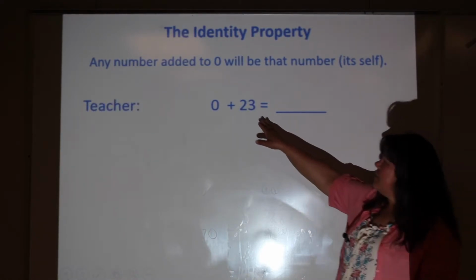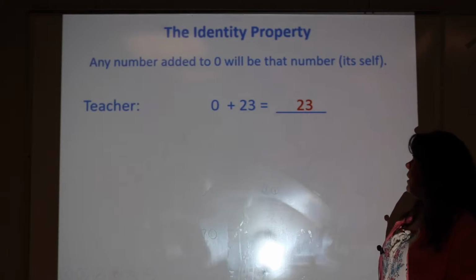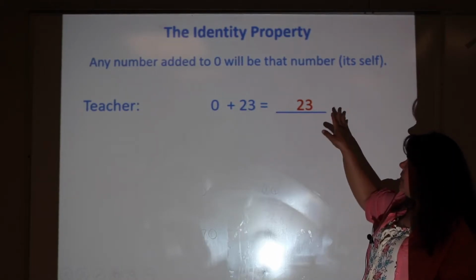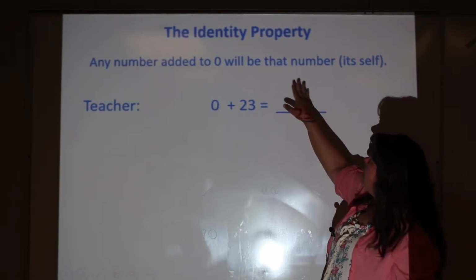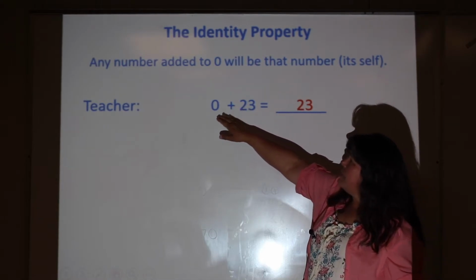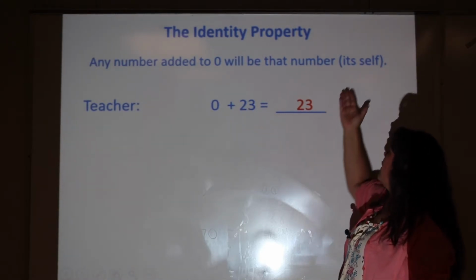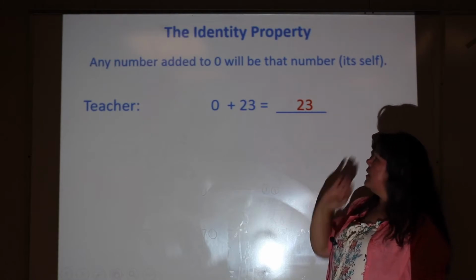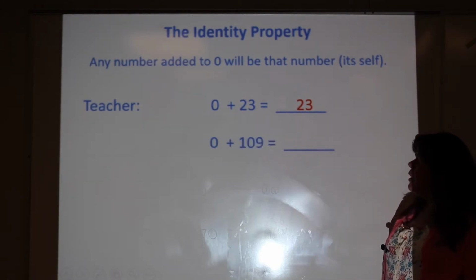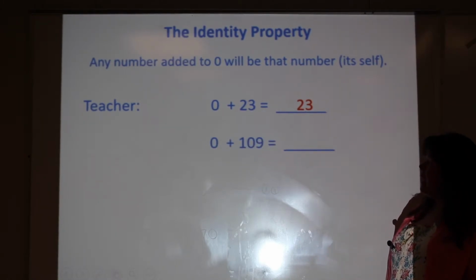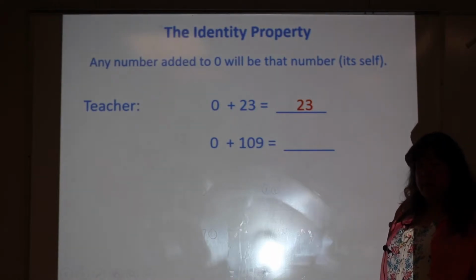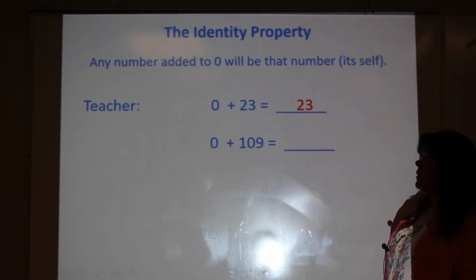So here's an example. 0 plus 23 equals 23, because the identity property is stating that it will be that number, not the 0, but the other number. So I consider it myself, it's itself, the number 23. Here's another one, 0 plus 109. Think about what do you think it would be if you use the identity property? You got it.